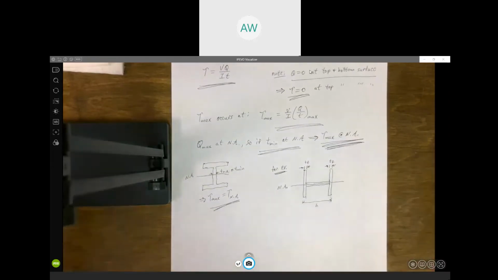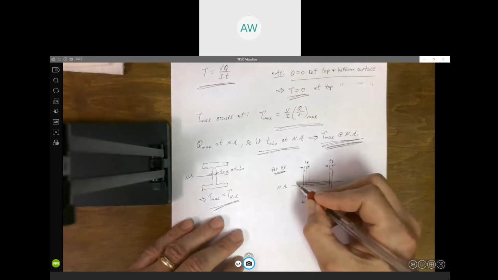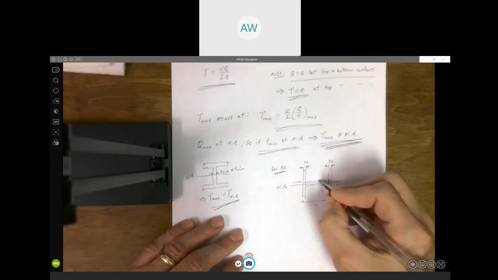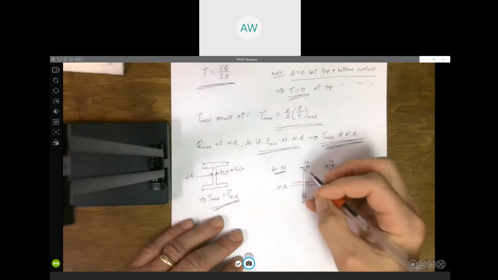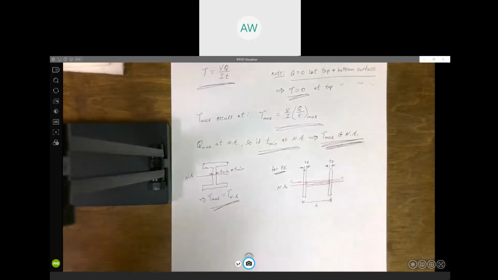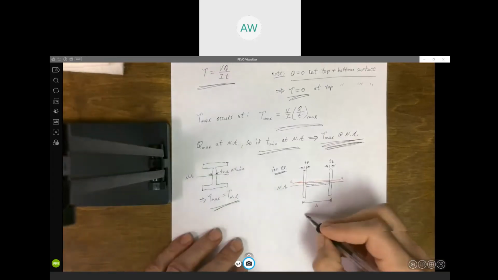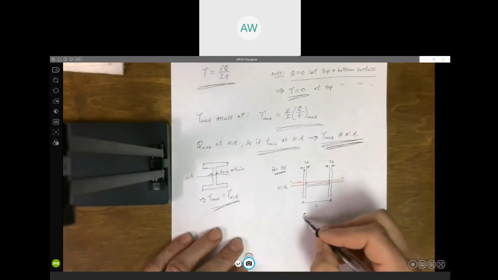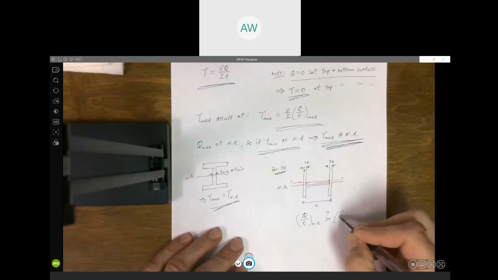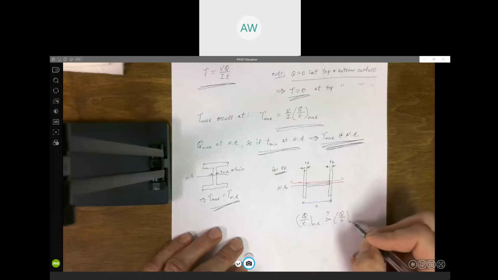So the question now becomes, instead of the neutral axis, what if we go just above there, and we'll call this AA again. So is Q over t at the neutral axis larger than Q over t there?